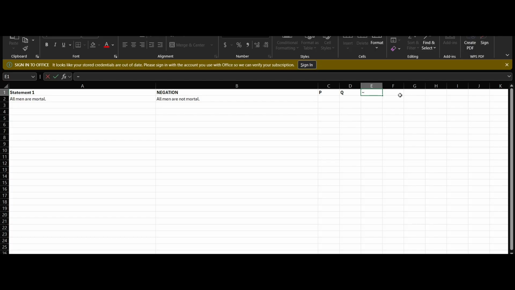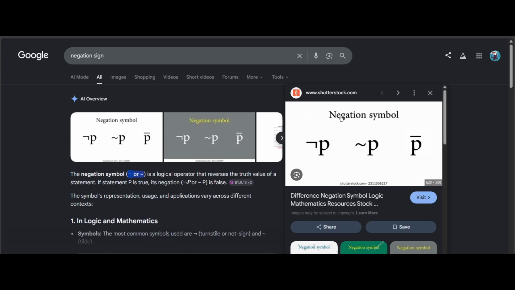So there are various ways to depict the negation sign, the negation symbol. As you can see right here, there is what looks like a horizontally flipped L right here. There can also be this squiggly line, and this line on top of the statement.